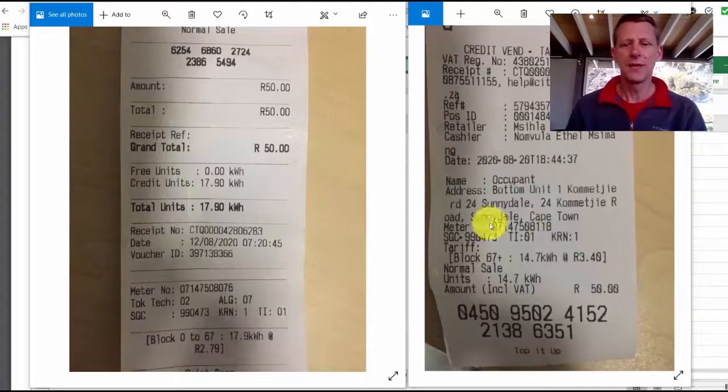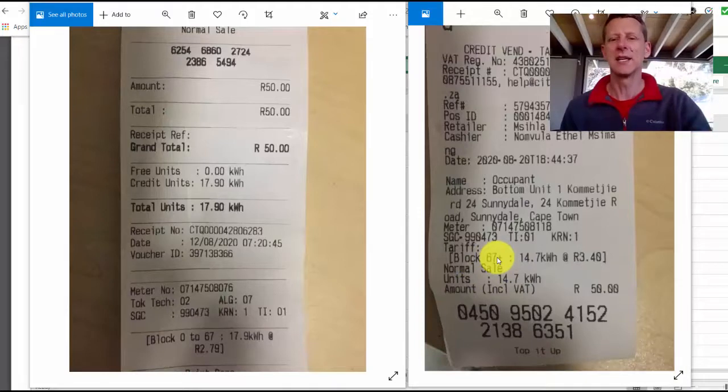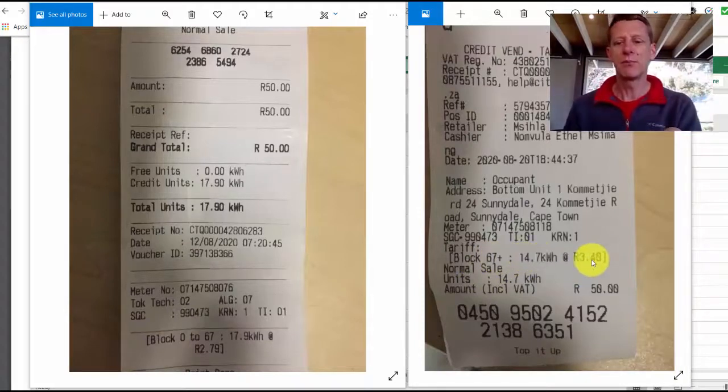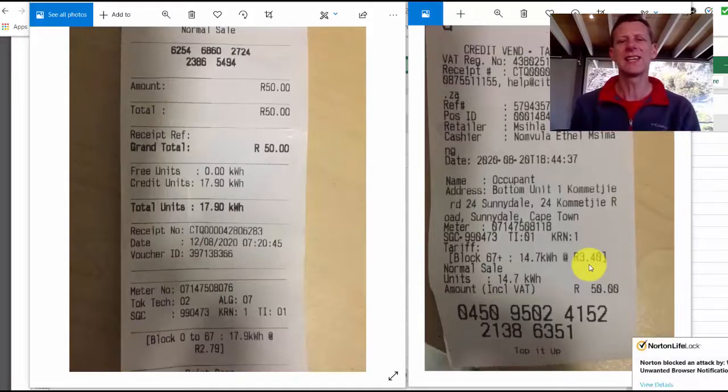Whereas on this side, the block is 67 plus, which means you've now already bought more than 66 in that month. You're now going to be charged R3.40 just for 1 unit. So that's the way the municipality is saying that for the people who buy more units, they're going to end up paying more. So what's important here is that every month it sets back to 0.